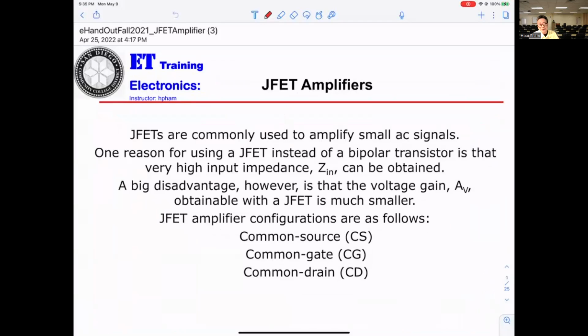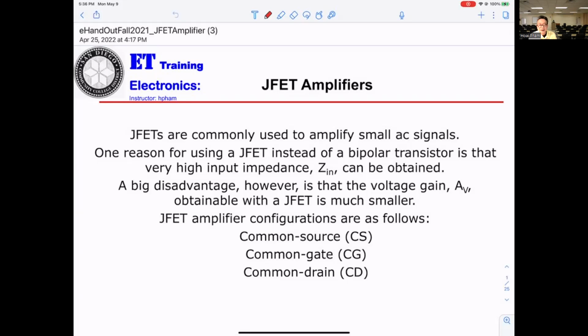Basically, you need to amplify the signal, like your voice. We can use either a bipolar transistor or a JFET transistor as an amplifier. For bipolar, you get a CB amplifier. For JFET, we get common source, common drain, and common gate. They are almost the same.